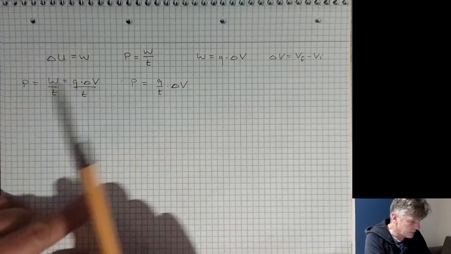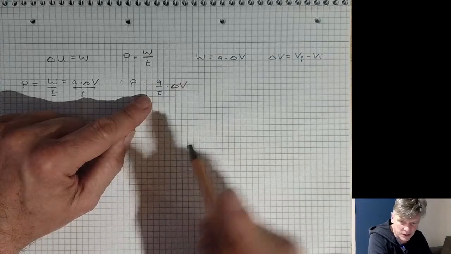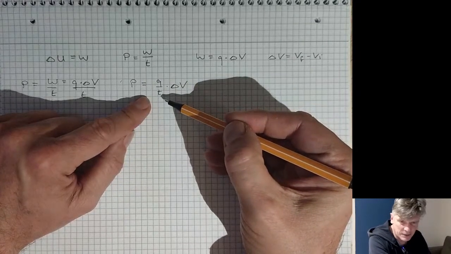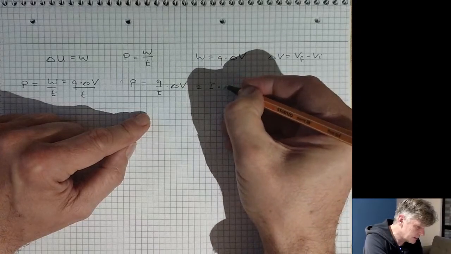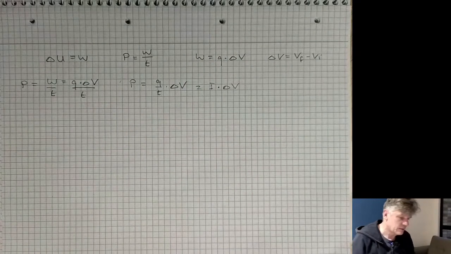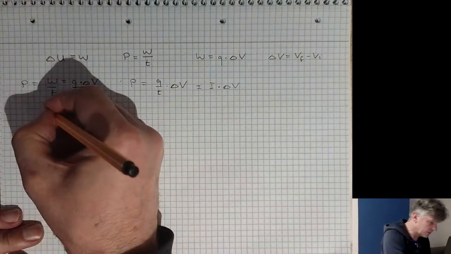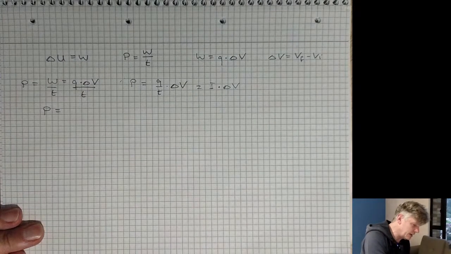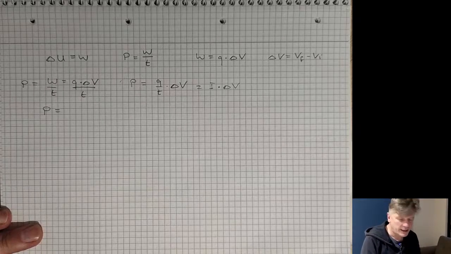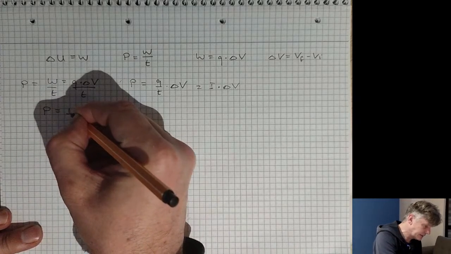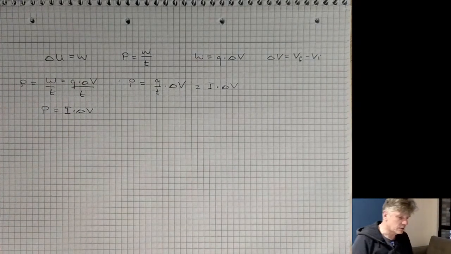So Q divided by T times V, and now you can see what is Q divided by T. It's charge per time, and that's the current, which is then I times the potential drop, the potential difference delta V. So the power dissipated in a resistor is then I times the potential drop across the resistor.